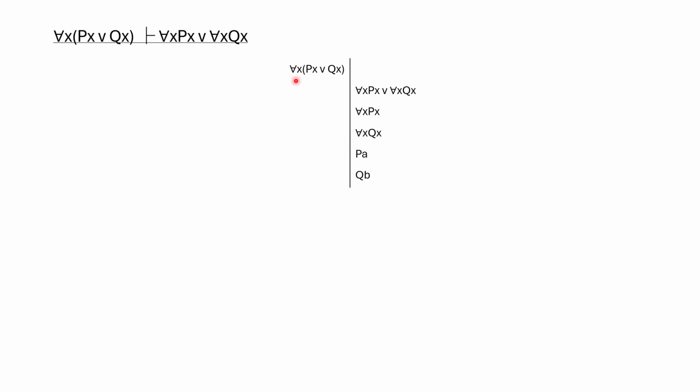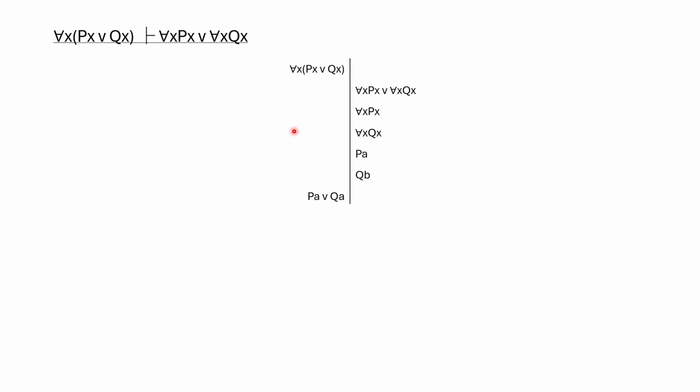The only thing is that I have to replace the x with the same letter. I can keep replacing these variables with new letters, which is what I'm going to do here in a minute. But the universal quantifier on the left-hand side is unrestricted, so I can pick any letter that I want. I'm going to pick A to begin with because I want to try to get something that matches this statement here as a contradiction.